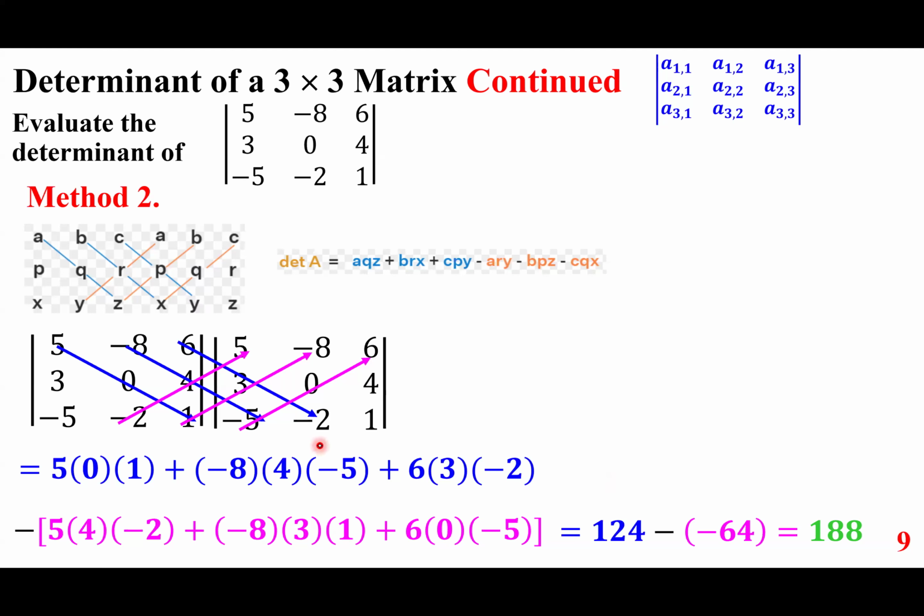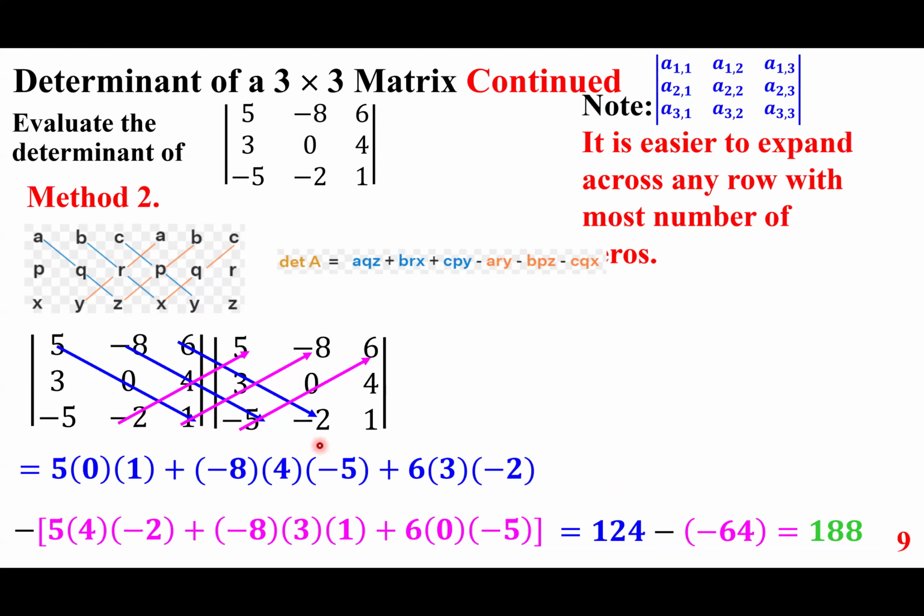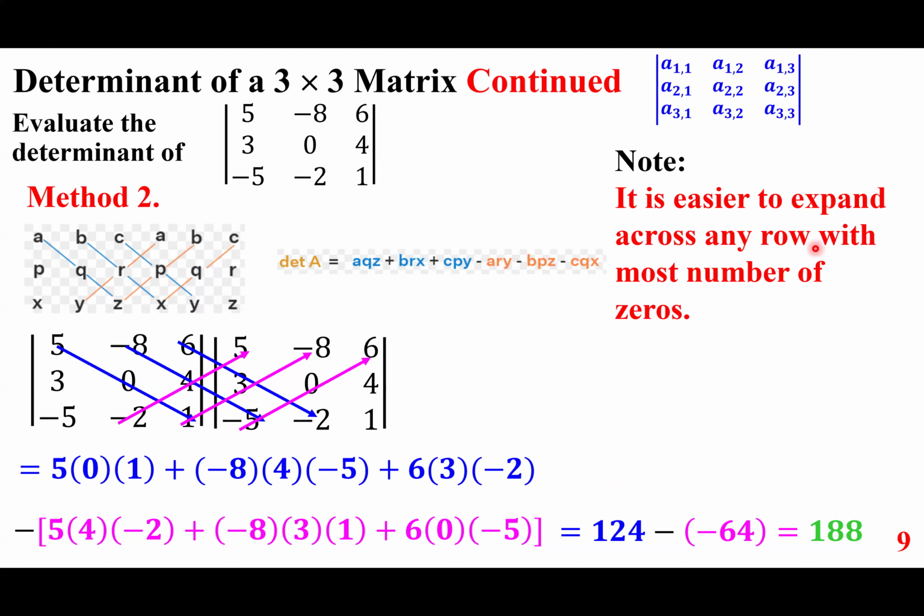So this is the second method. So if you're doing it by hand, perhaps this is the fastest. Yeah, definitely it's the fastest. Now, also notice, it is easier to expand across any row with most number of zeros. If you are going to go with the method of the previous page, you would use the second column or second row because it has 1 0.